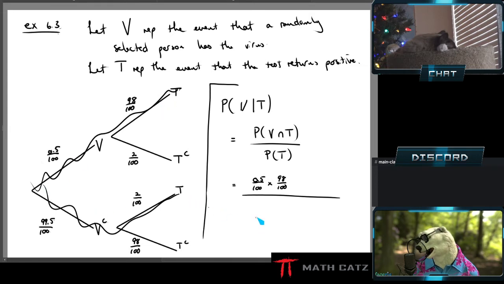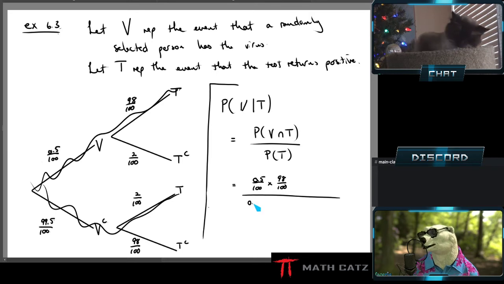So there are two ways to get a positive result. It could be a correct positive result, or it could be what we call a false positive, where the person is actually not sick at all, yet the test says positive due to its error.